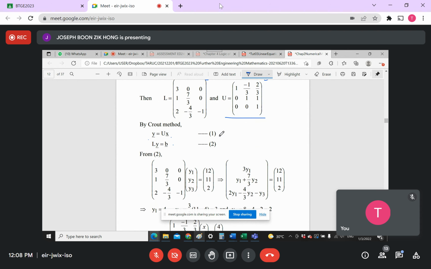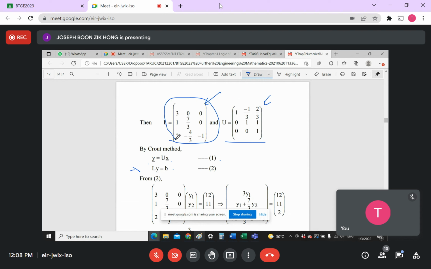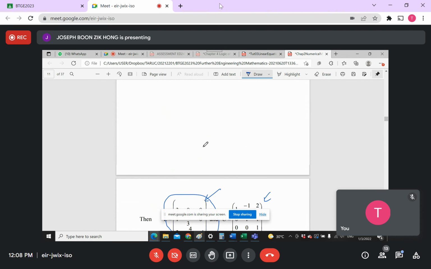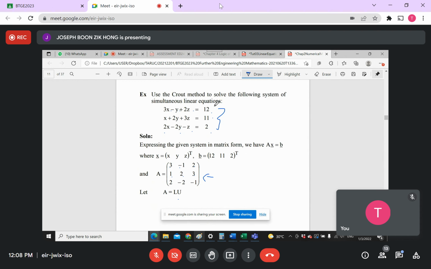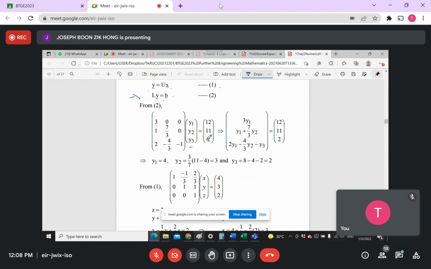From the second equation, I take this matrix times my y. I don't know what my y is, so I assume it's y1, y2, y3, equal to my b, which is 12, 11, and 2. So I try to get my y1, y2, y3.